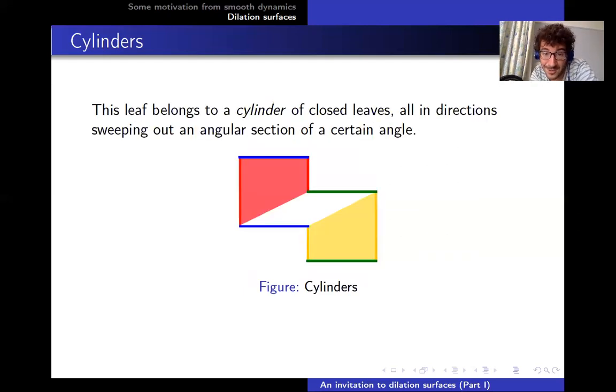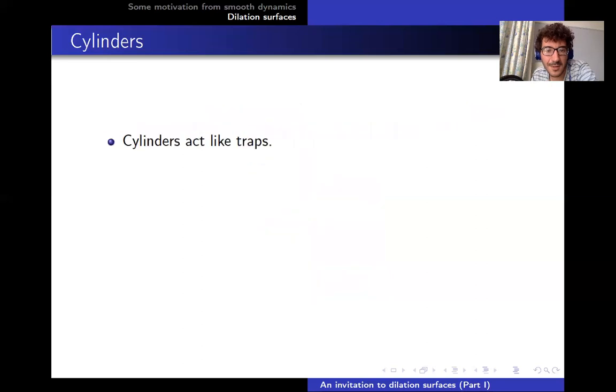And they belong to two cylinders that appear here. So again, it's very nice when you see a dilation surface, try and find cylinders. They'll tell you a lot about the dynamics of the foliations.